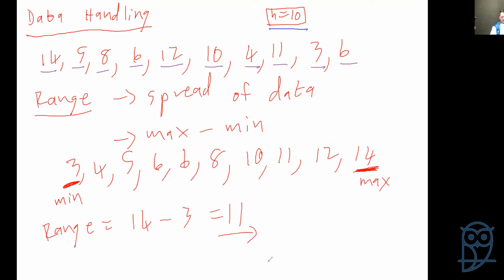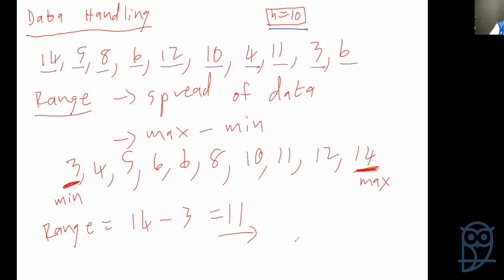Nice, easy calculation. So therefore, the spread of data values is 11 within the data set that we have. So because these numbers are quite low, that is quite a fair spread, because the values are close to 0 and the max is only 14 and the spread is 11. So it's a fair range.